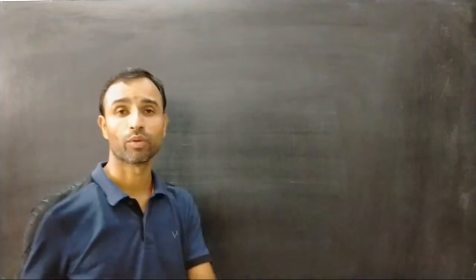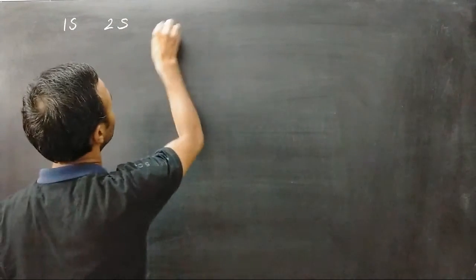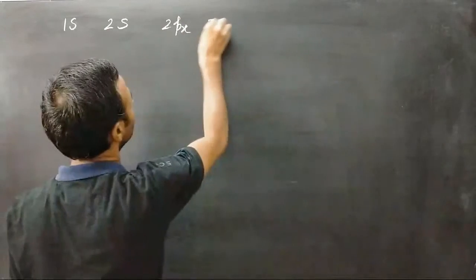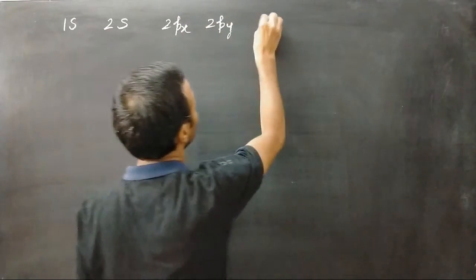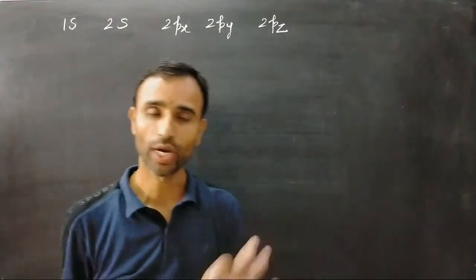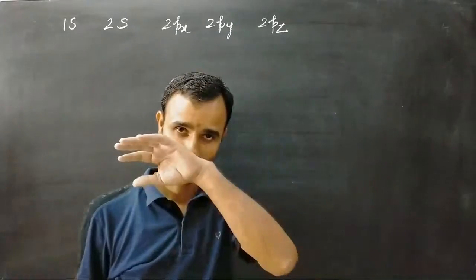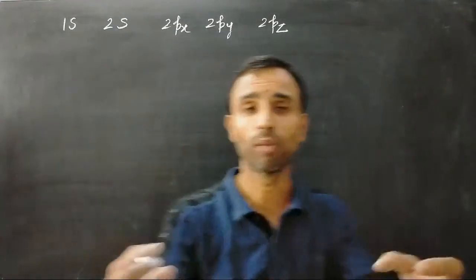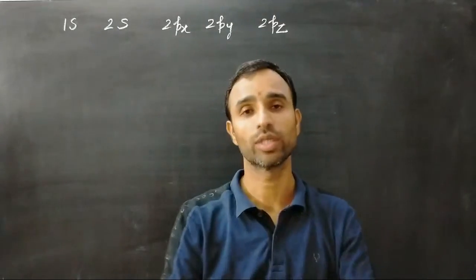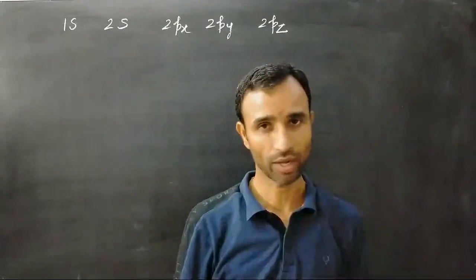When we have 1s, 2s, 2px, 2py and 2pz, how they form sigma bond or pi bond, that you will see in the video that I will share after the class.